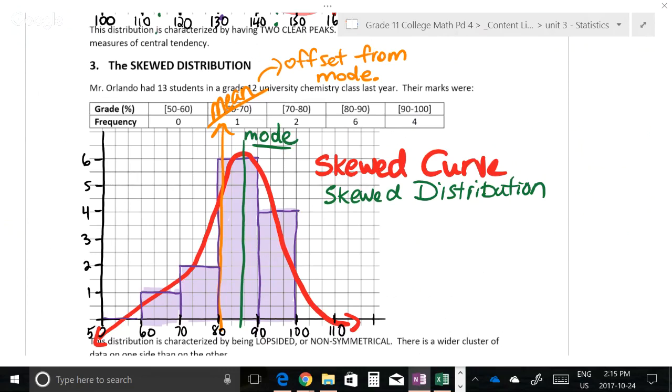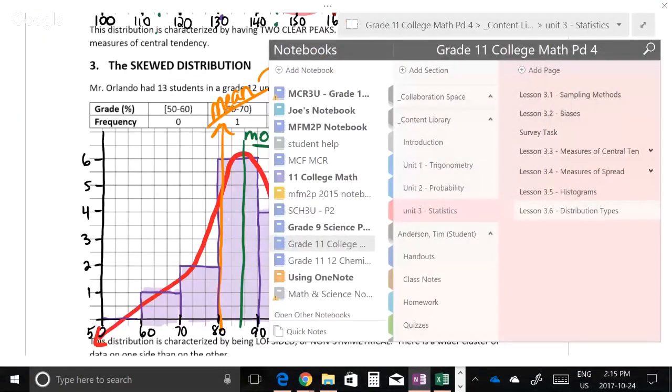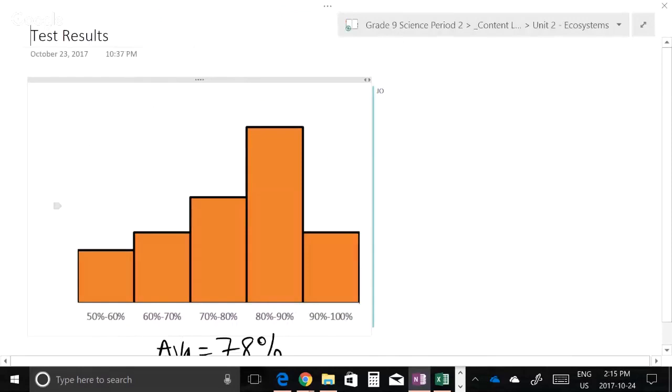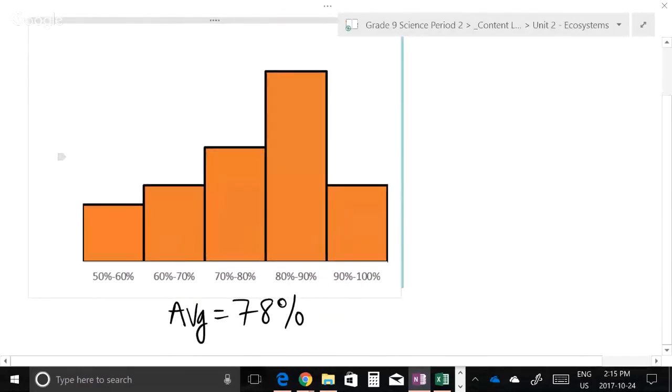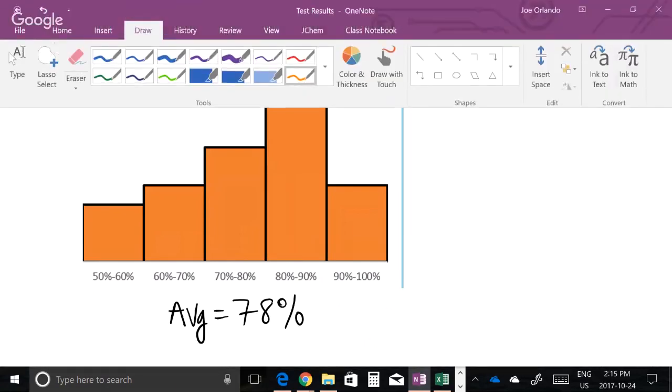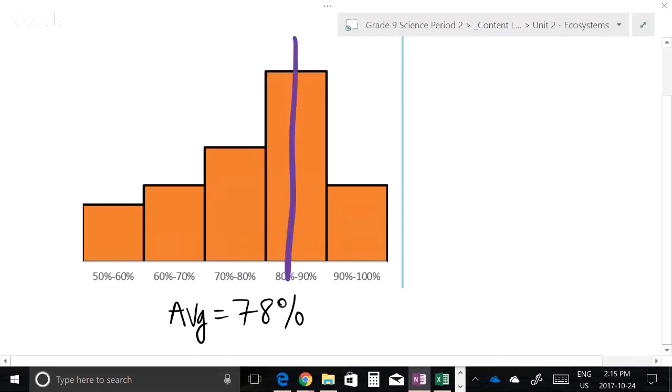So for example, can I take you back to a real world example? My grade 9 science class. What is the most common, what's the mode here? The most common outcome? People who scored in the 80s and 90s. Oh, that's a poor color choice. So this is the mode.